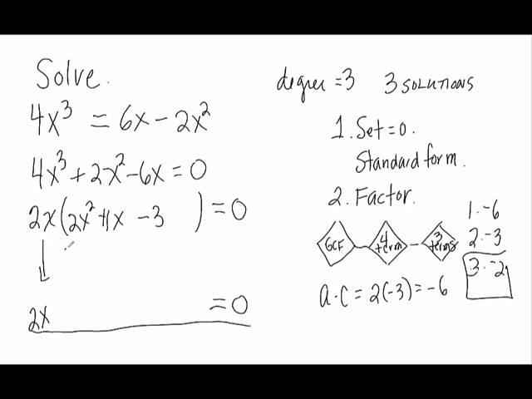So I'm going to break this down as 2x squared plus 3x minus 2x minus 3. Now I'm going to group the first 2, bring down my sign, and group the last 2. The first 2 have an x in common. That's going to give me a 2x plus 3.